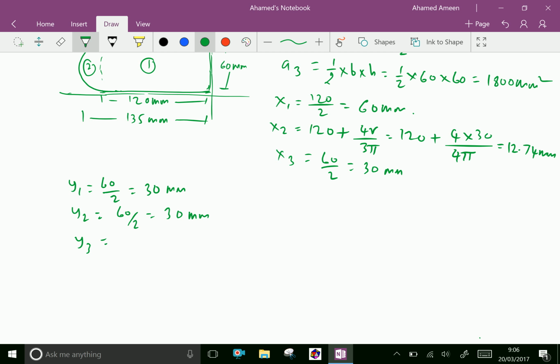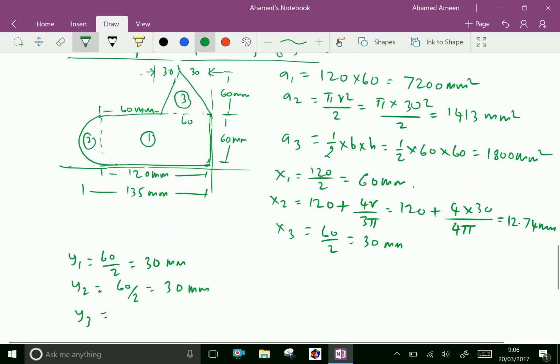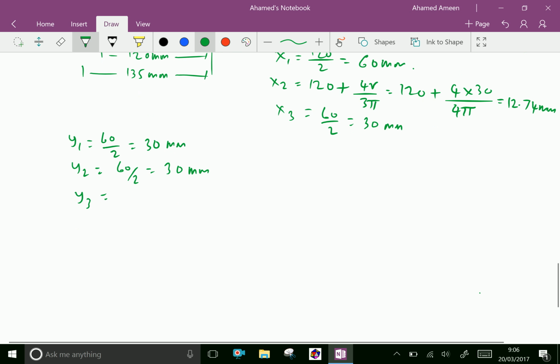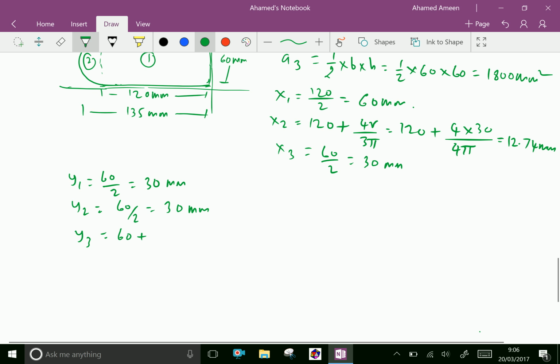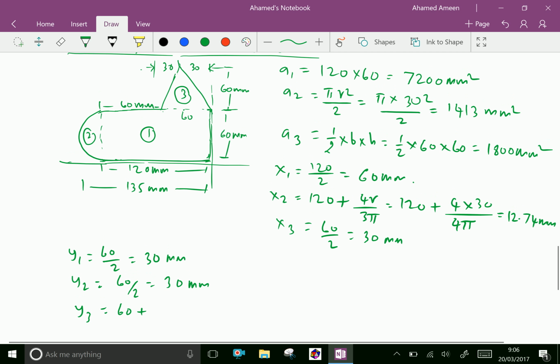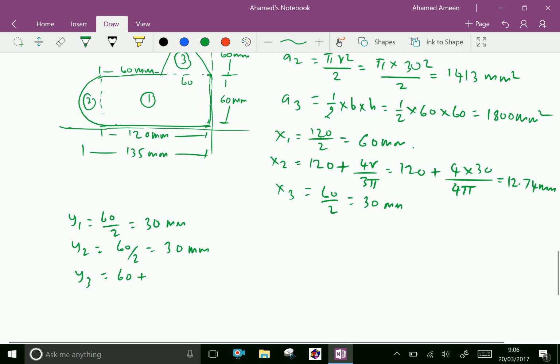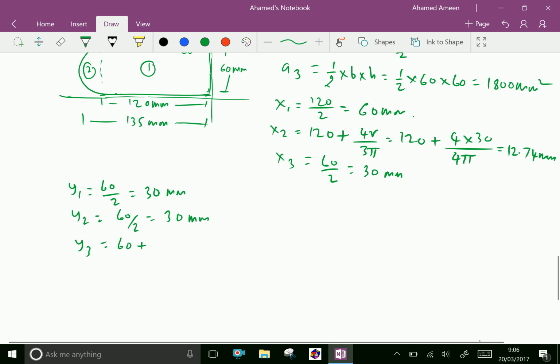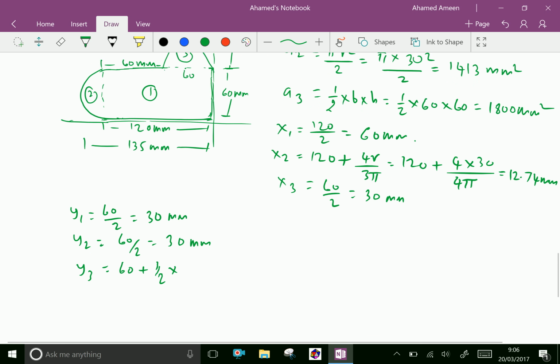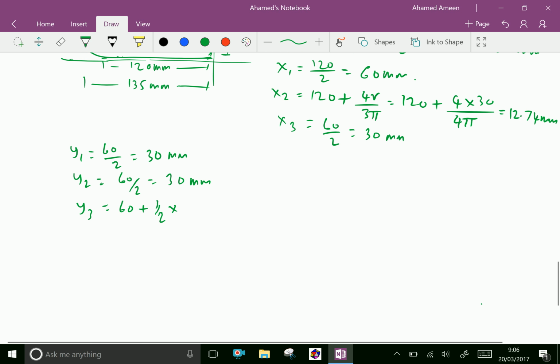Y3 equals 60 plus half of the height of the triangle, 60, which is equal to 60 plus 30, 90 mm.